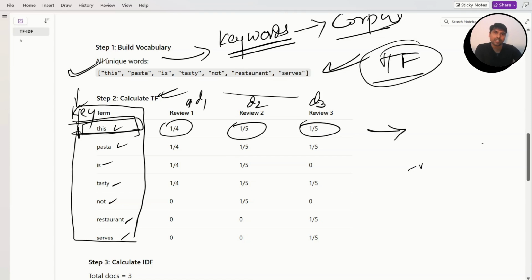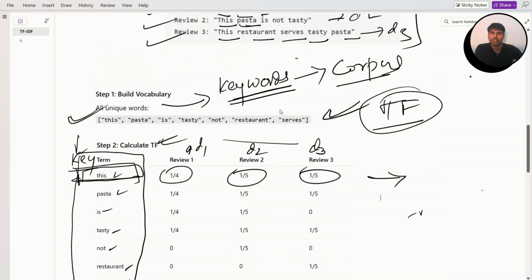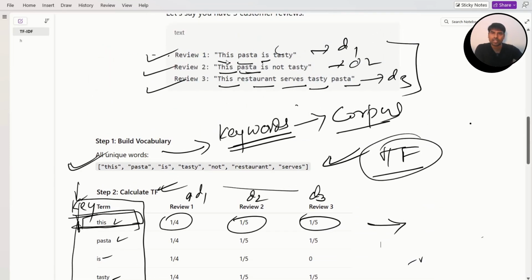You can see that this keyword in D1 repeats 1 time. So the numerator is 1, and the total words in this document is 4, so it is 1 by 4. For the second document, which is pasta is not tasty, what is the occurrence of this keyword? It is repeating 1 time, so in the numerator it is 1, and in the denominator, what is the total words?